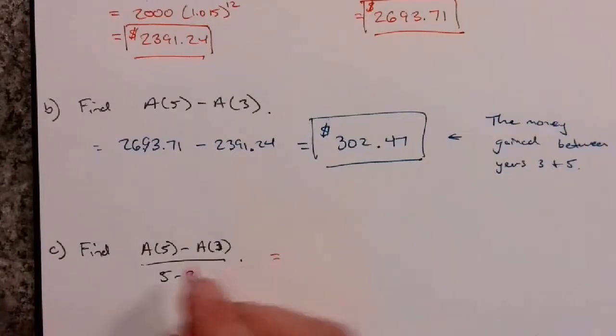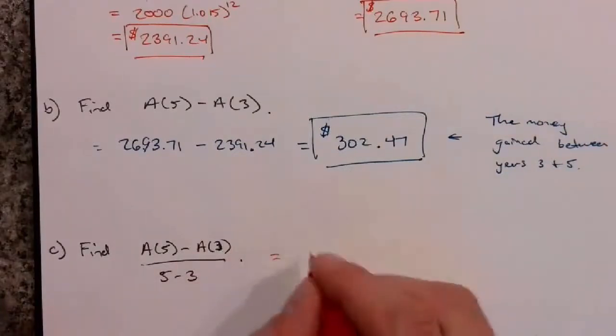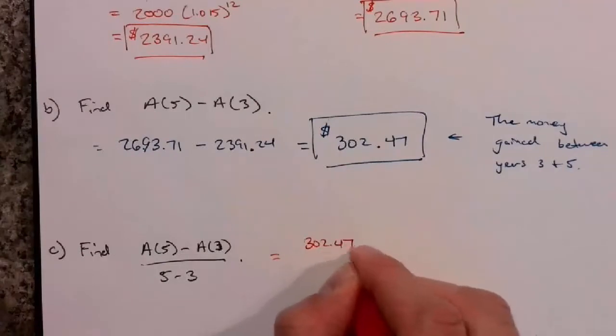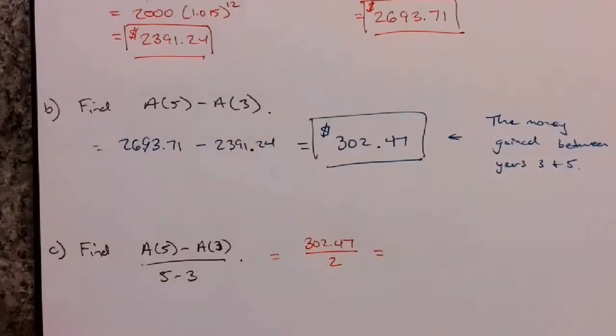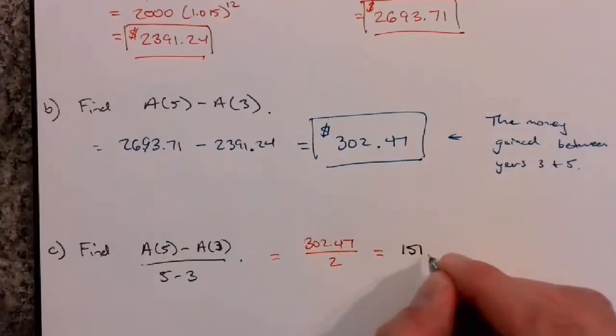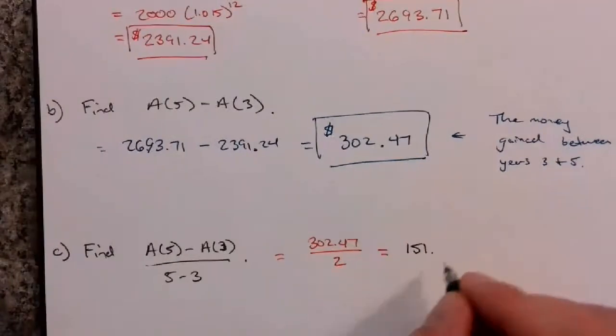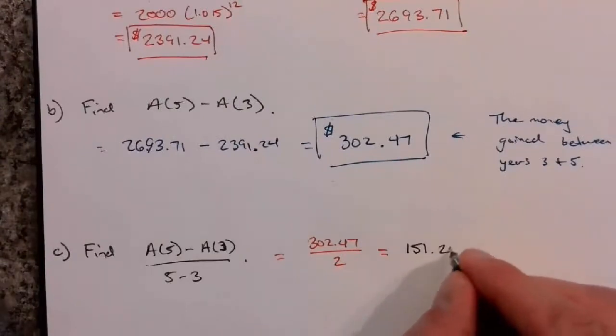The A of 5 minus A of 3 we just did, that's the 302.47 over 5 minus 3. Well, that's 2, so 302.47 divided by 2 is equal to 151.235, so I'll round it up, so 151.24.